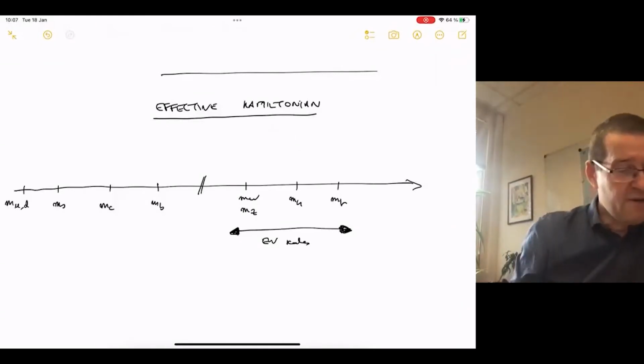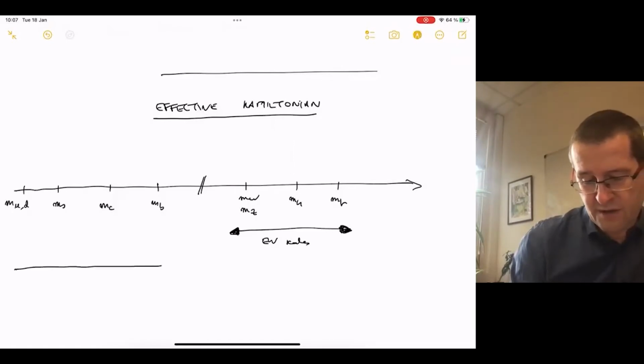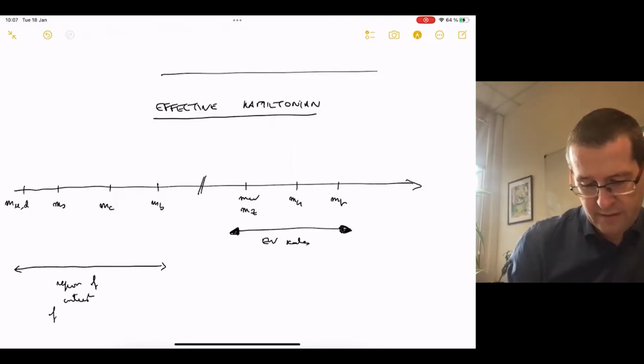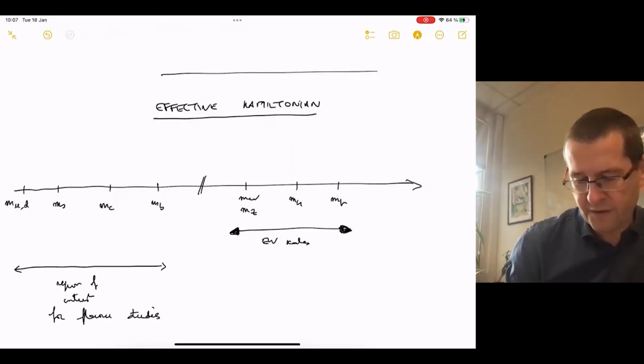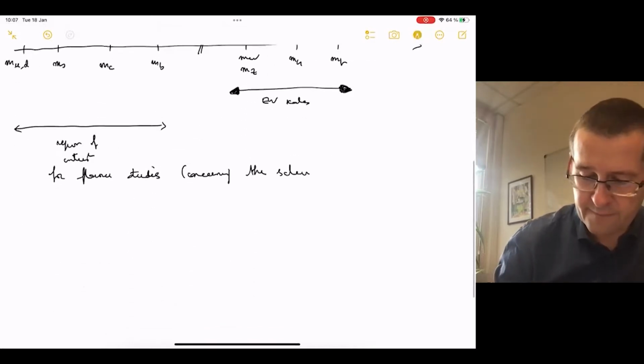And then you see that this is going to be the region of interest for most flavor studies, at least concerning the external states.